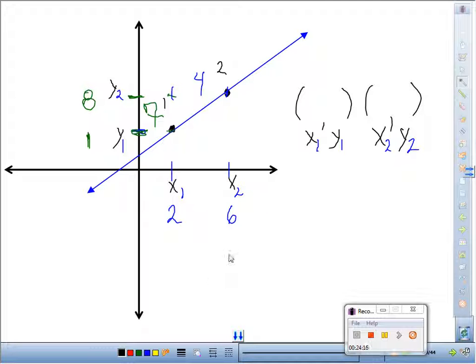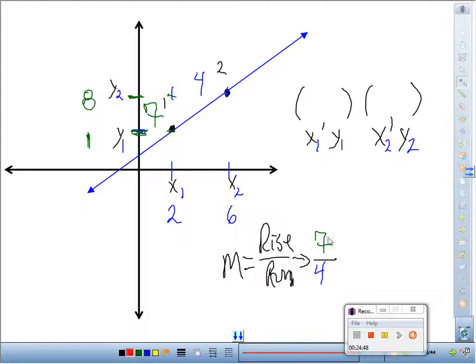So my slope, which is rise over run, is 7 over 4. Are we there so far? Okay, so now here goes the key ingredient. Look up to the screen or you're going to miss it.